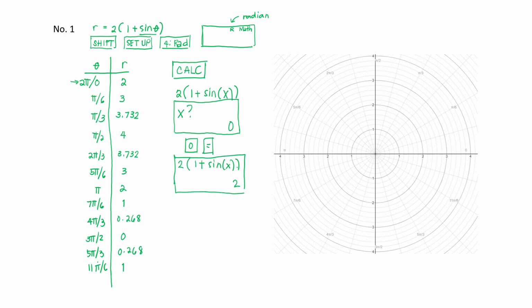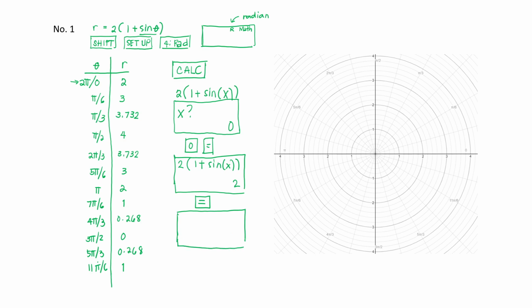What makes this quicker is that once you press the equal sign again, it's going to ask again for the value of your x.